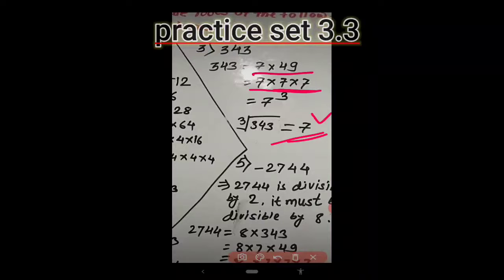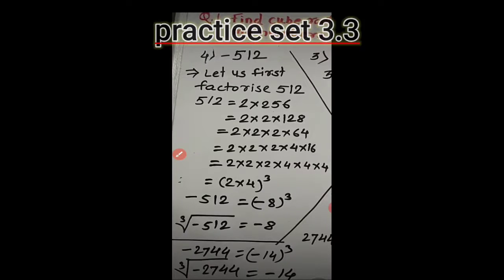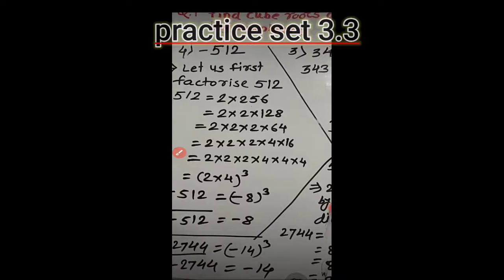Now we take the fourth example of the same question, that is minus 512. At first we have to factorize 512. 512 is written as 2 into 256.